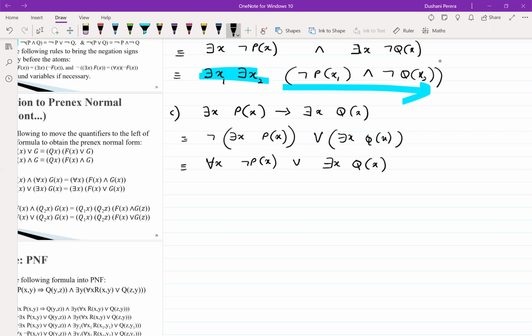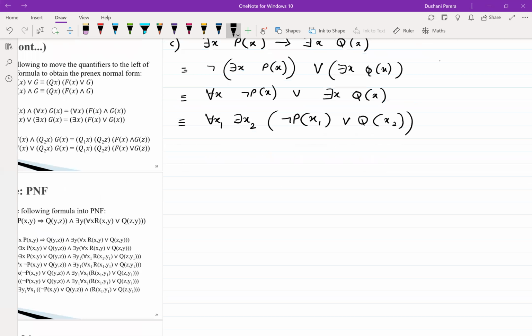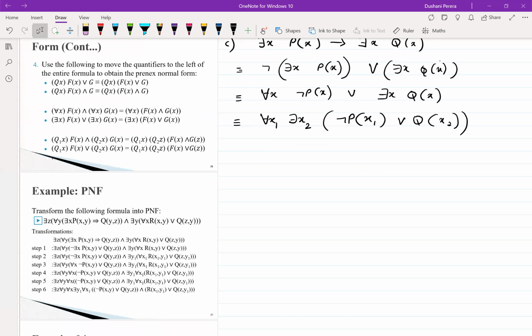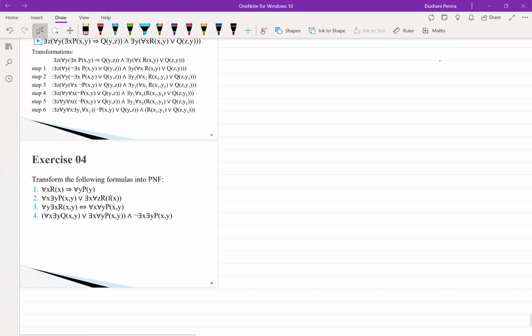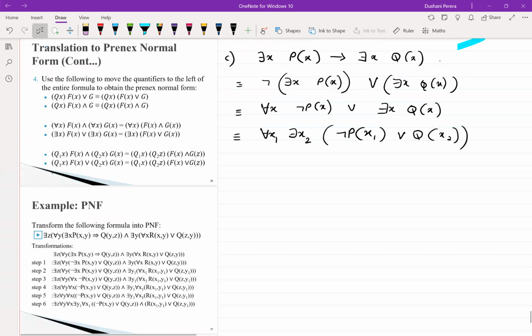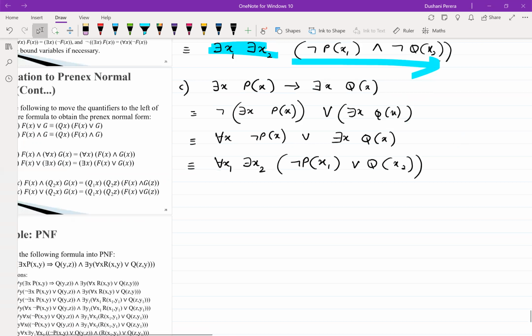Q(x). Now take these quantifiers here and the rest of it goes inside, Q(x2). If you don't want to rename them, you could use other bound variables, for example y, z, and so on.